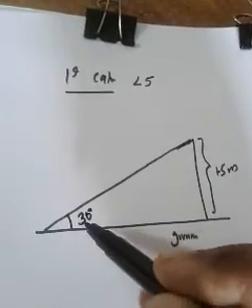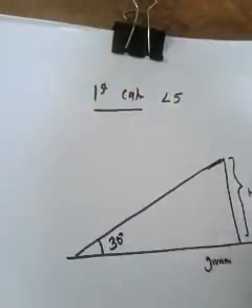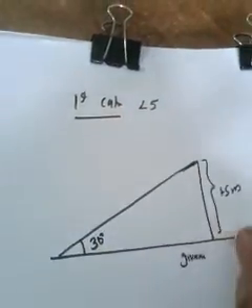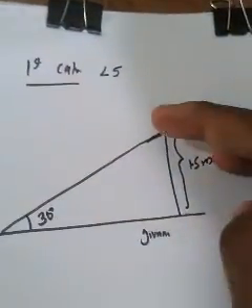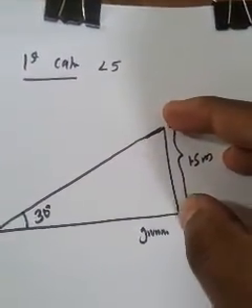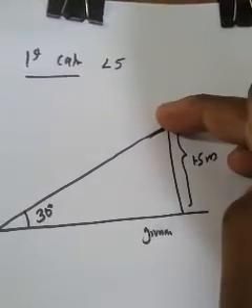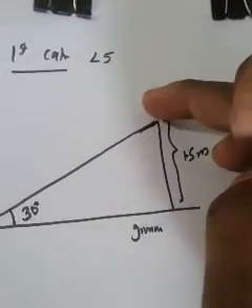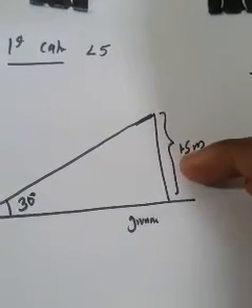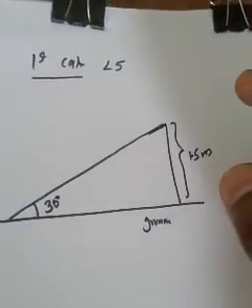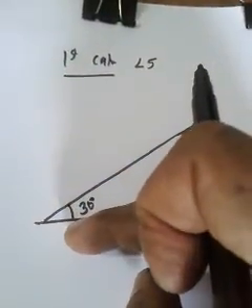She is not supposed to increase the angle. Why? Because when she increases the angle, the height will increase. She fixed the height as 1.5 meter, so the top of the slide should be 1.5 meter from the ground, a small height only, and the angle of inclination should be 30 degree.